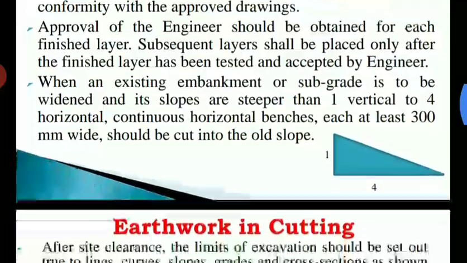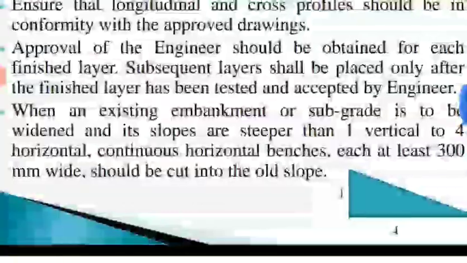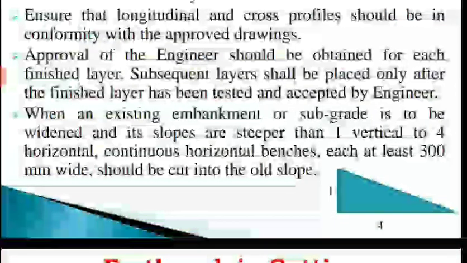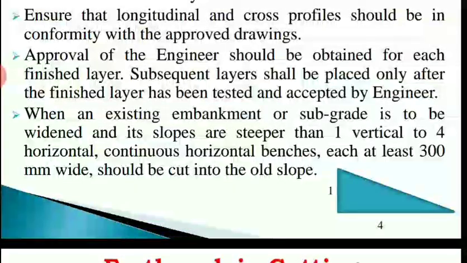And here the next point, that is, approval of the engineer should be obtained for each finished layer, and the subsequent layer shall be placed only after the finished layer has been tested and accepted by the engineer. So every layer is tested and monitored by an engineer. Before going for the next layer, the contractor, or whoever is going to construct that embankment, has to get it signed by the engineer, right?